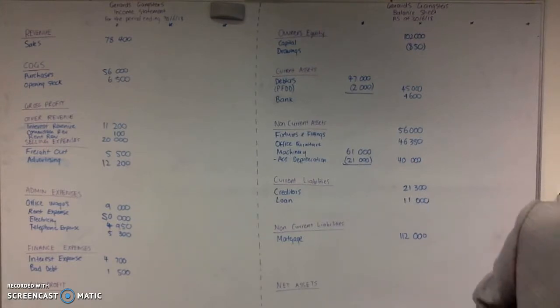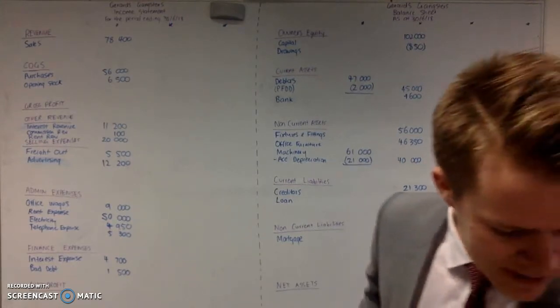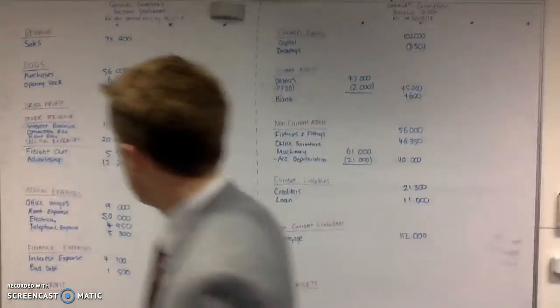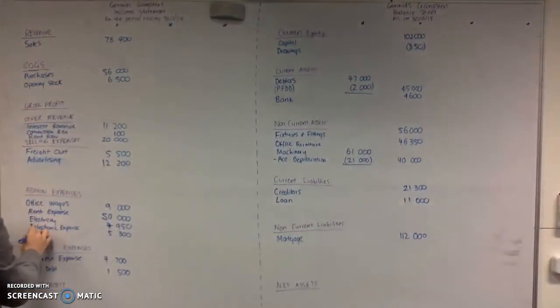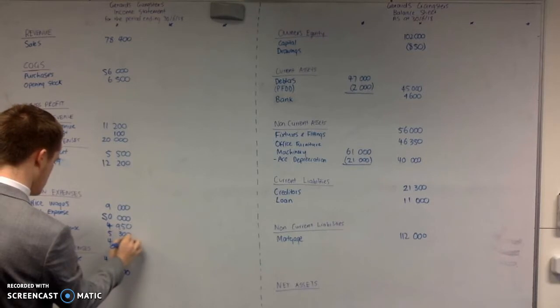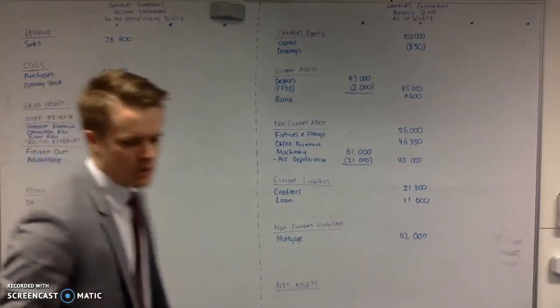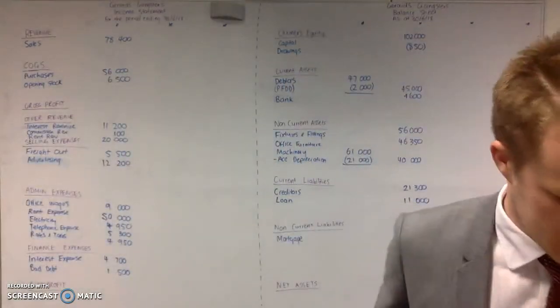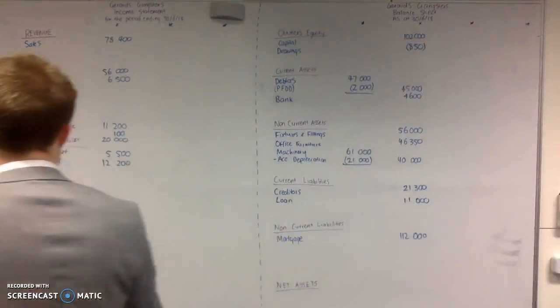Two more to go. Rates and taxes, that's an admin expense for $4,950. One more. Insurance, another admin expense, $2,600.